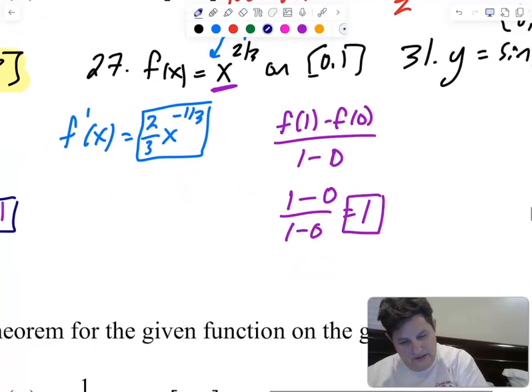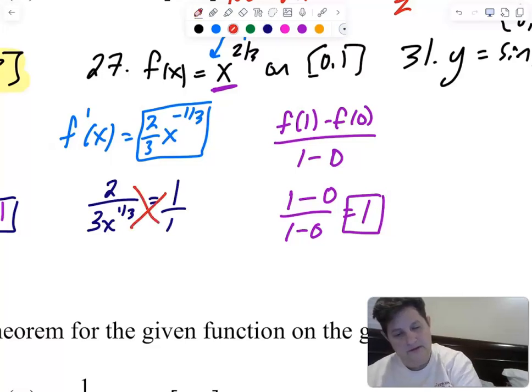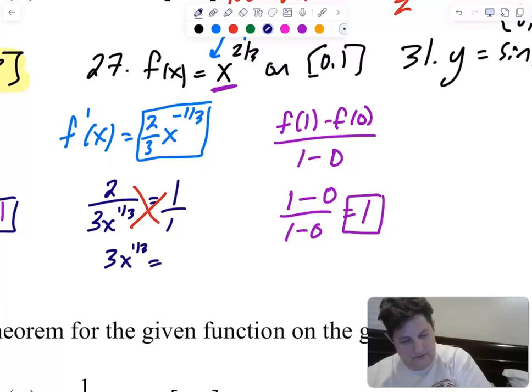Now when I actually go to solve this, I would bring the x to the 1/3 to the bottom and cross multiply. So I get 3x to the 1/3 is 2.